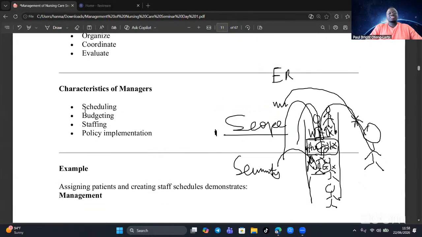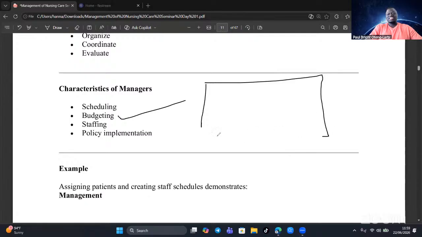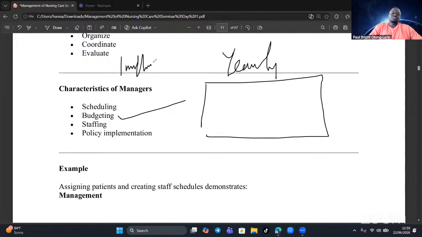So characteristics of a manager: scheduling, budgeting. They budget. Yes. So those of you who work in care homes, managers will budget a lot for you. They do a yearly budget. So at the beginning of the year, let's say the company gives them 1 million, or 1 million pounds or cedis, whatever amount.